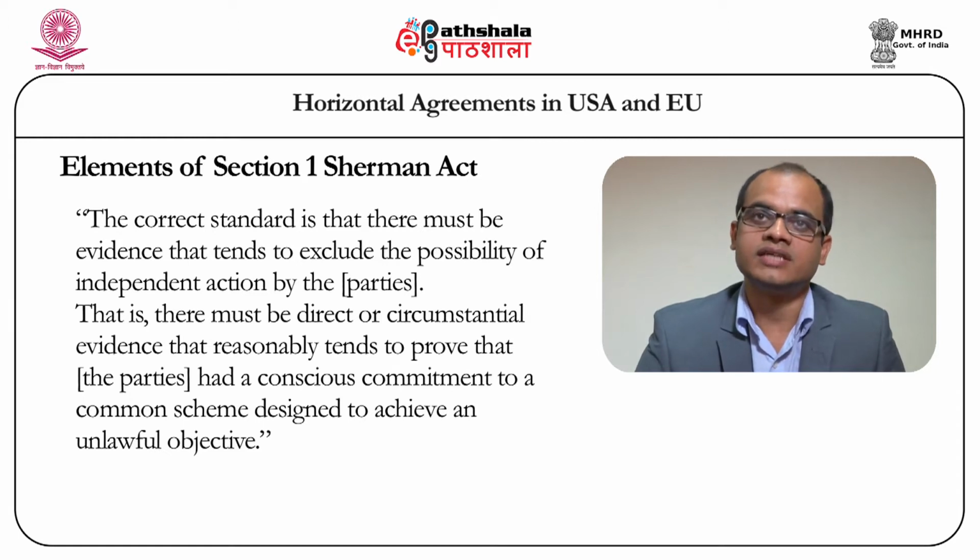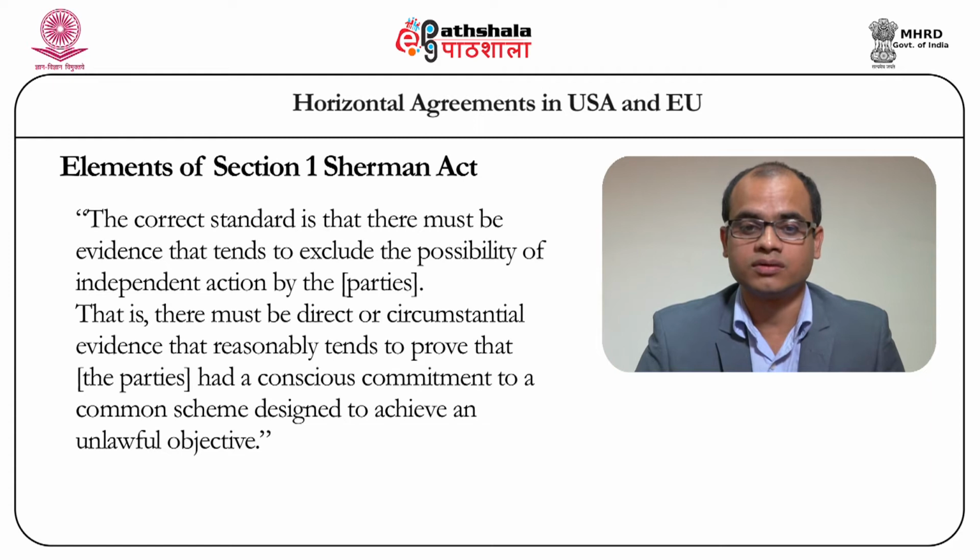A standard emerged way back in 1984 in the Supreme Court of United States in Monsanto Company versus Spray-Rite case. It laid down that direct or circumstantial evidence must reasonably tend to prove that the parties had a conscious commitment to a common scheme. This conscious commitment to a common scheme should be designed to achieve an unlawful objective. So this is the standard.